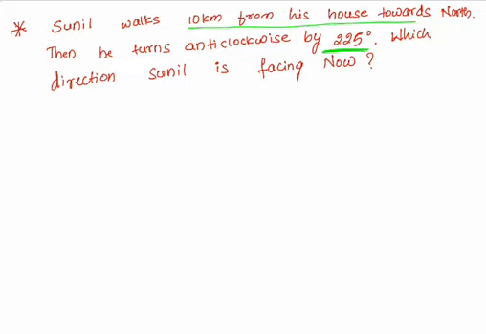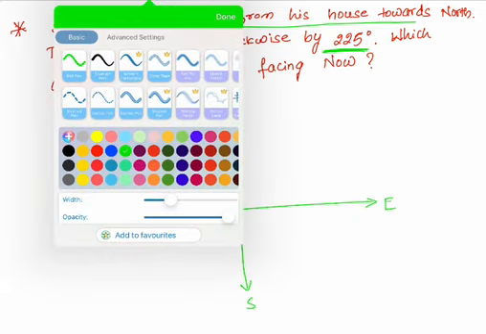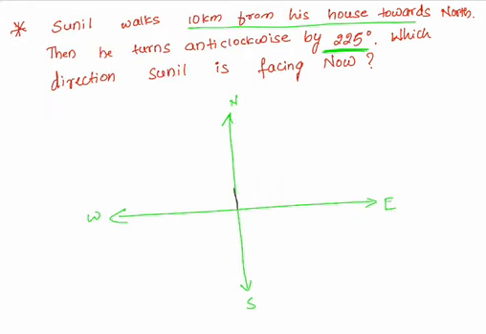One minute, I draw the diagram first. This is north, this is south, this is east, and this is west. Sunil walks 10 kilometers here. Then he turns anti-clockwise, which means like this, by 225 degrees.